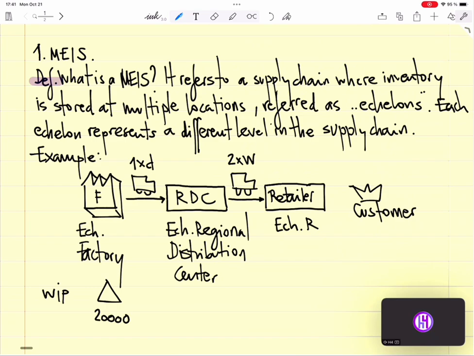Usually this inventory is represented like this, or just a triangle. In the regional distribution center, you have 100,000 units. In the retailer, in the Rewe of your area or Aldi or something, you have 1,000 units.